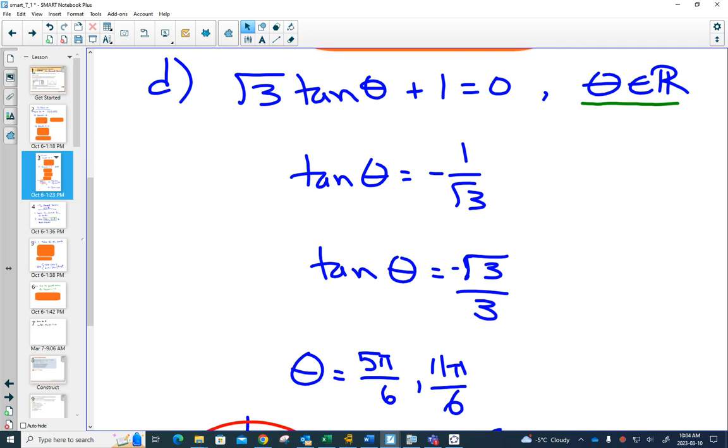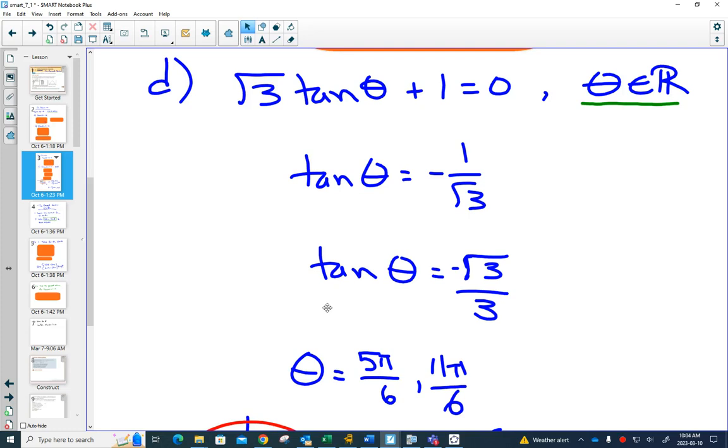What does chapter 7 do? By saying the domain is everything, it actually just combines two things from chapter 6 you already know. You already know how to solve between 0 and 2 pi, and you already know how to write all the angles that are coterminal with any angle I give you.